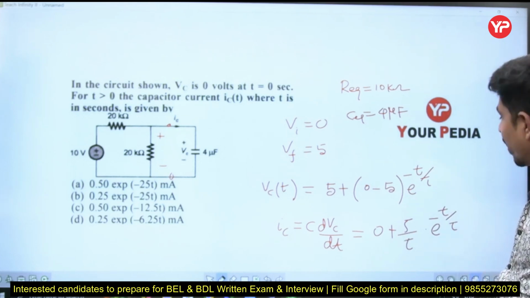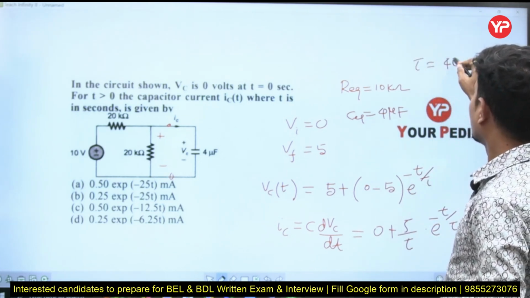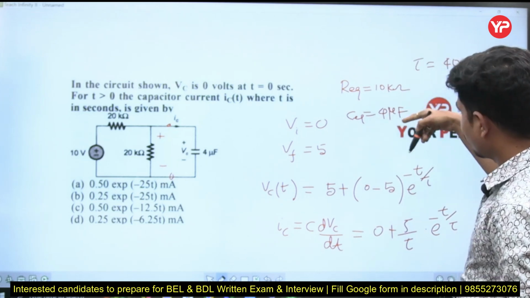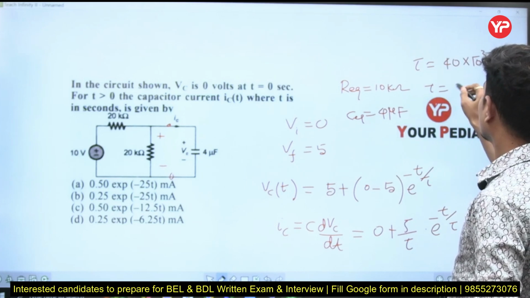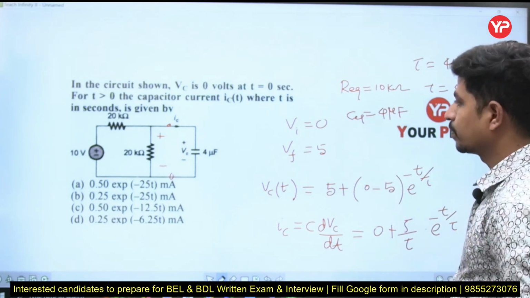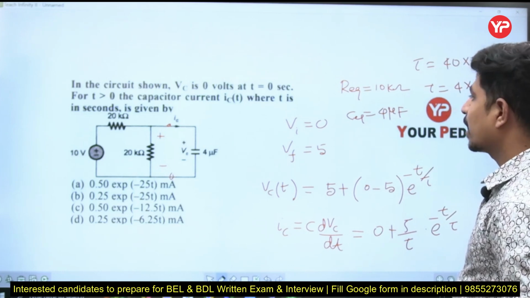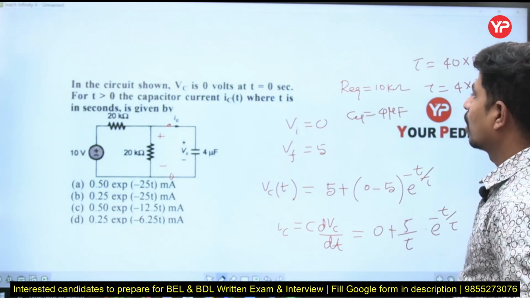How much is 5 by tau? Tau is equal to R equivalent into C equivalent, 40 into 10 to the power of minus 3. Therefore tau is equal to 4 into 10 to the power of minus 2. Did we commit any calculation mistake? Just check.